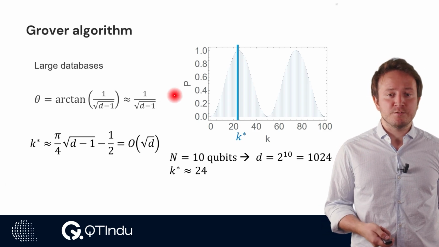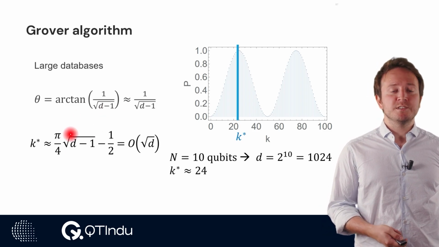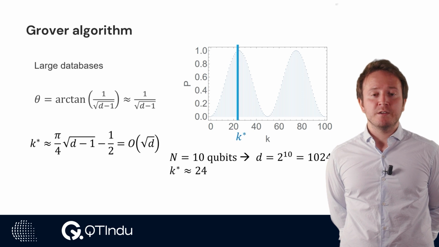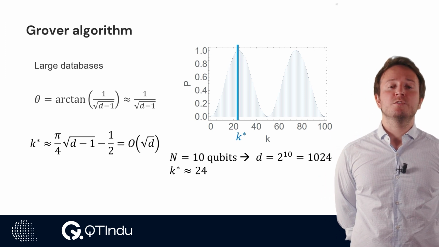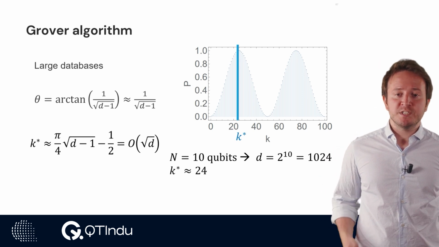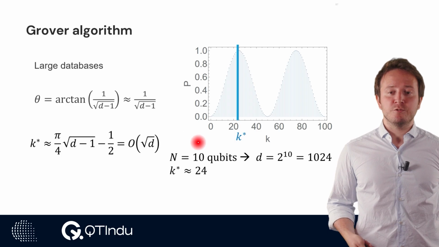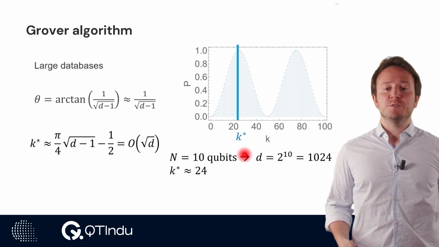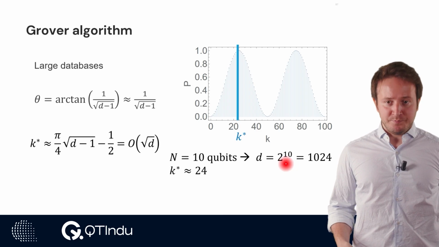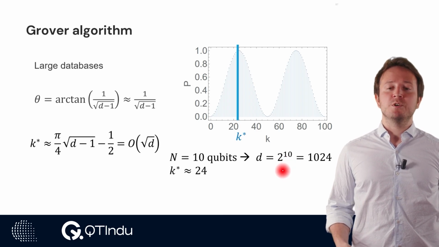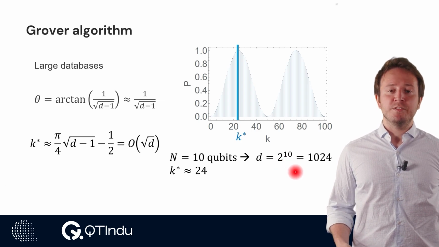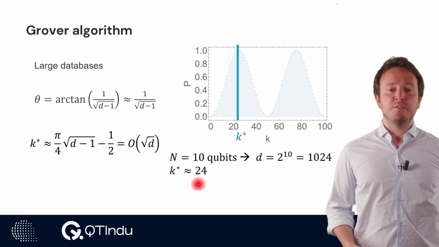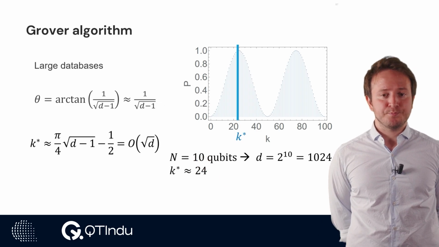And since d minus 1 is under a root, the number of iterations one needs to take is of order root of d. For this specific example, this means that for n equal 10 qubits, which means a database of 2 to the 10 entries, we just need roughly 24 iterations.